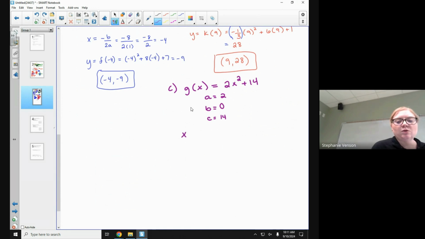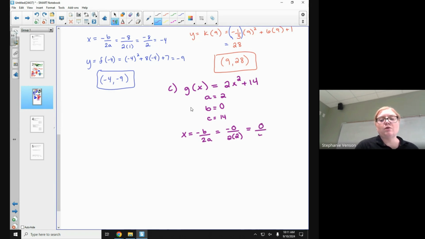So the x value of our vertex is still -b over 2a. Technically that would be -0 over 2 times 2, but we know that 0 doesn't have negative or positive, so we're just going to say that's 0 over 4. But what is 0 divided by anything? 0. Yep, so the x value of my vertex must be 0.